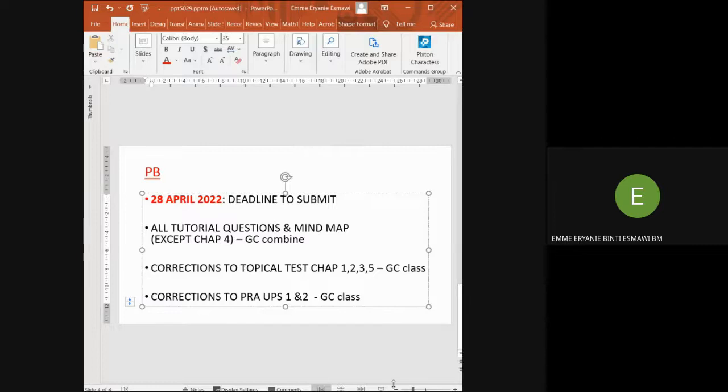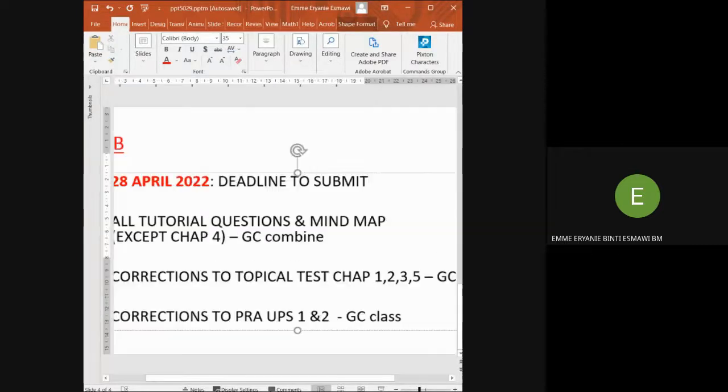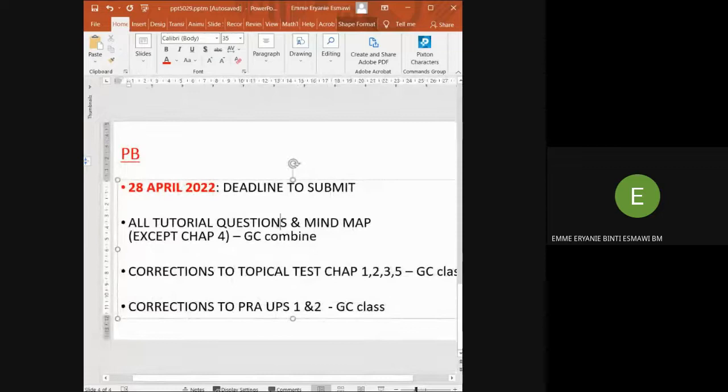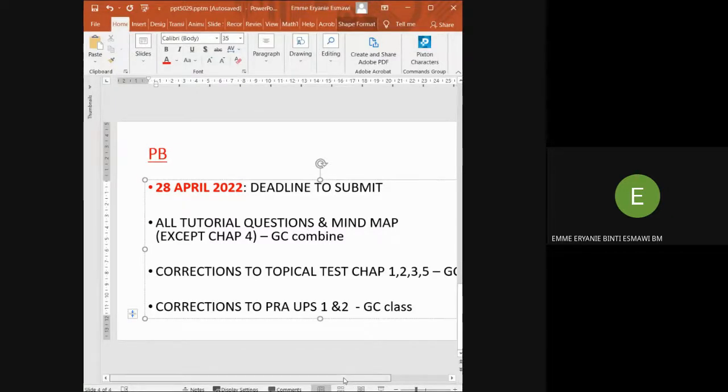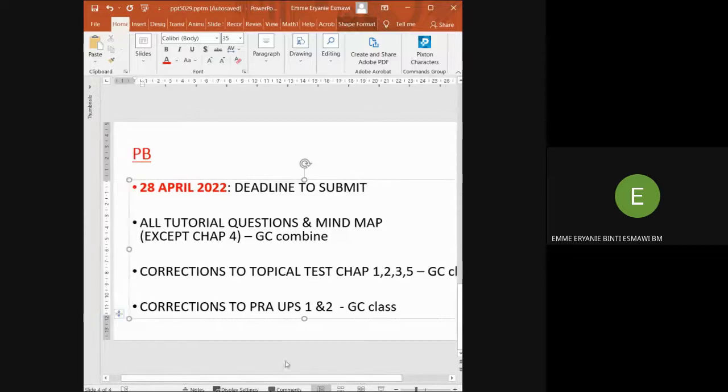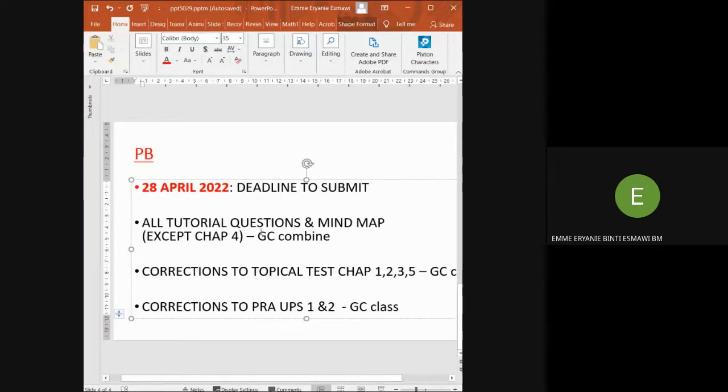Jadi, if you guys don't do the exercises for tutorial chapter 6 tu, you don't know how to integrate trigo, don't know how to integrate exponent ke, don't know how to integrate log. Kalau tak pernah buat langsung latihan tu, memang kalau keluar dalam chapter 7 punya cari volume area tu, tak dijawab lah. Dan markah tu banyak lah chapter 7 tu. So, pastikan we also do the tutorial questions for chapter 6 dan mind map dia. Okay, so sila hantar. Jangan lupa hantar by Khamis depan.